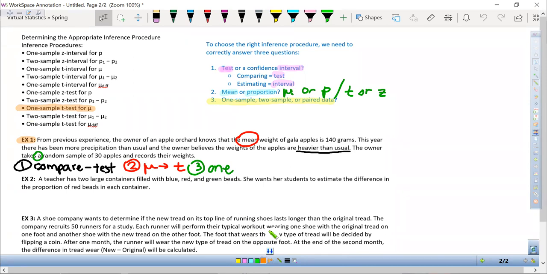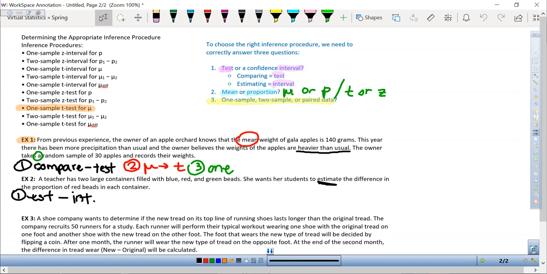Okay, so next let's look at our second example, which was the teacher that has the 2 large containers filled with blue, red, and green beets. So first what we want to do, are we comparing or are we estimating? We are estimating. When we're estimating, that means we're going to do an interval.